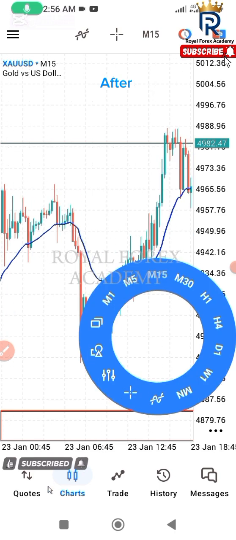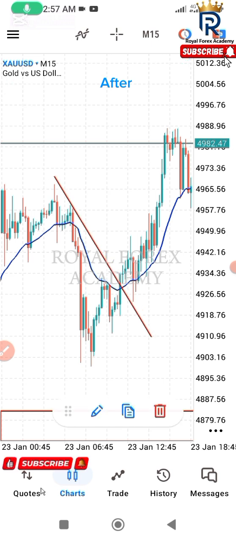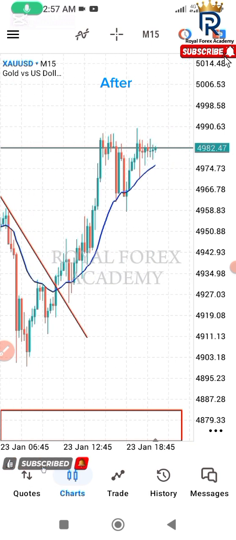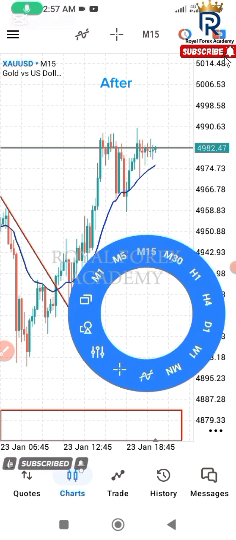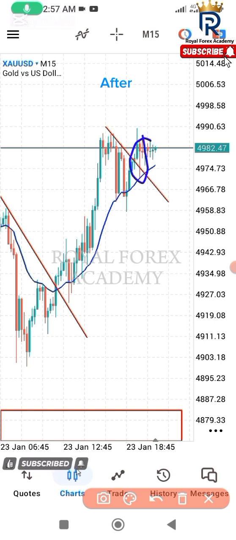Here again should have been your second entry, just as you can see. And now we had this price behavior around this zone. So if you were to trade this earlier, you should have had this movement here. So where would have been your entry? This would have been your entry.